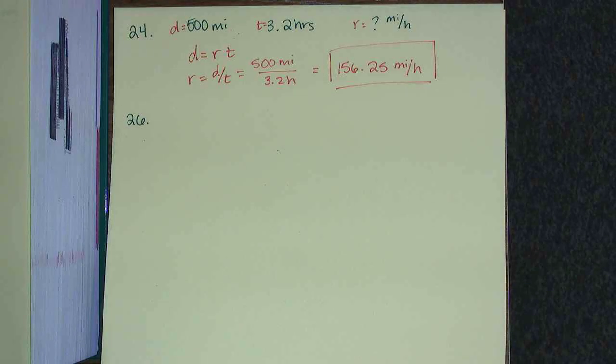Number 26. Okay, so label out your variables like I did in 24. What you don't know, then solve for whatever variable is missing, and then plug in the numbers and solve it.